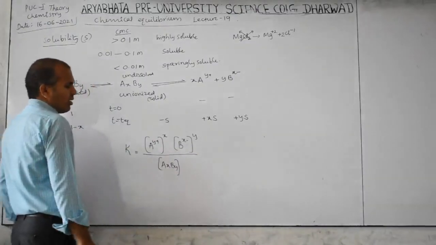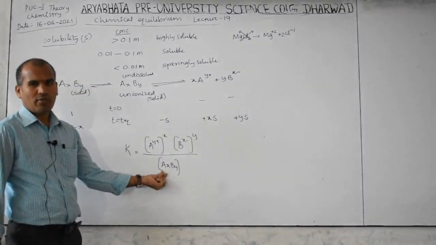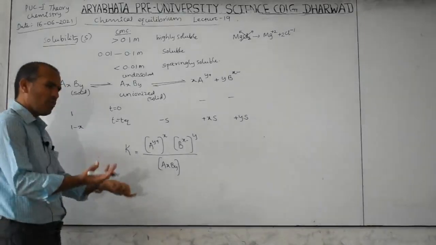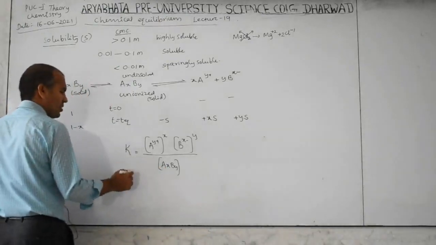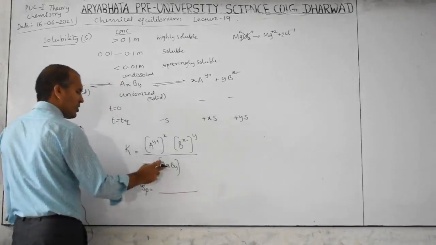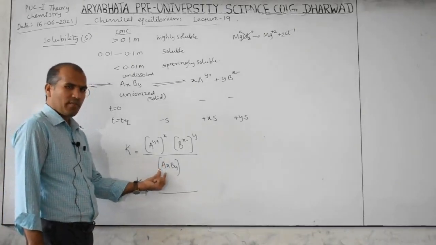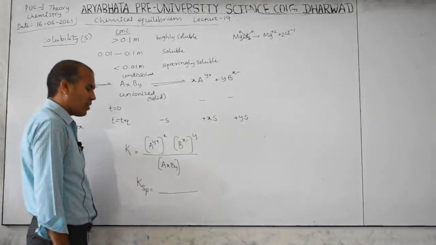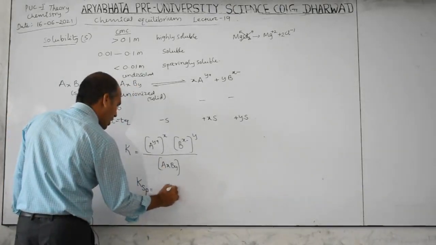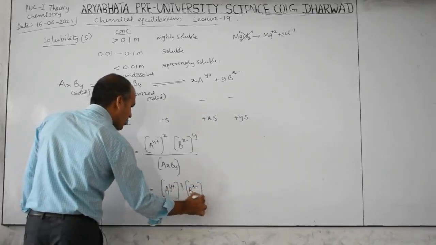But this is constant, it does not change with time, because for solids and pure liquids, their concentration is considered as unity. Therefore this constant is multiplied, otherwise there is no need to write it also. This if you multiply, this is totally represented as KSP. Okay, this is the solid form. Actually in the K equilibrium expression we are not representing it, therefore this is multiplied and converted into KSP form. Then this will be written as A Y plus power X, B X minus power Y.